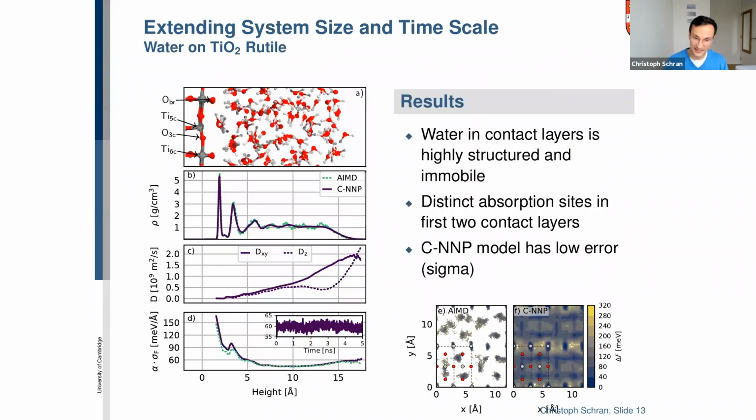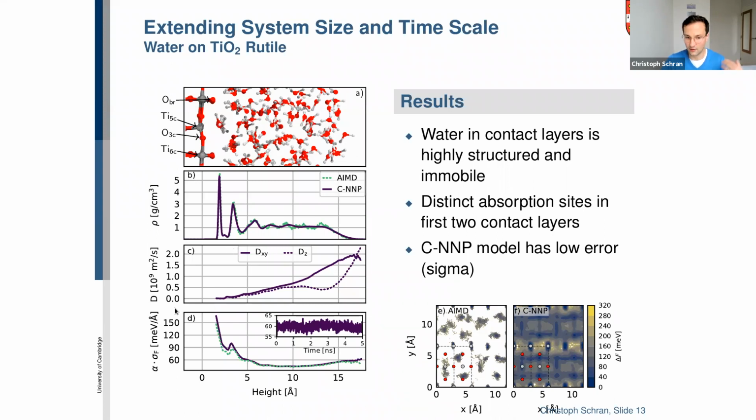The kind of insight that you could gain into these systems is shown in this slide. On top, you again see a side snapshot of the setup. We then have looked at the density profile, which you can also just get from your ab initio MD, but you already see that this is relatively noisy in the short ab initio MD, whereas we can really converge it with the neural network potential.